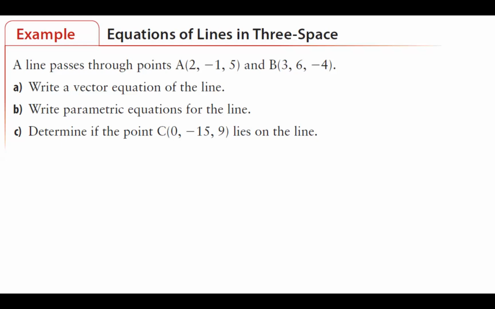Question A, write a vector equation of this line. Question B, write parametric equations for the line. And then determine if the point C, whose coordinates are (0, -5, 9), lies on the line. Okay, I'll give you 5 minutes to have a look at this question by yourself, and then we'll have a look at the solution together.